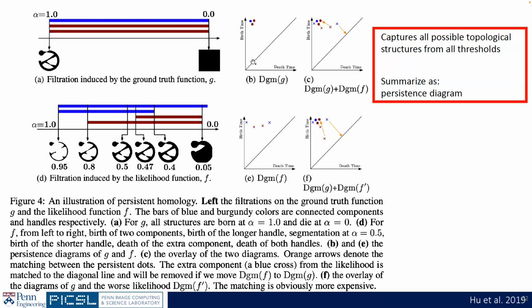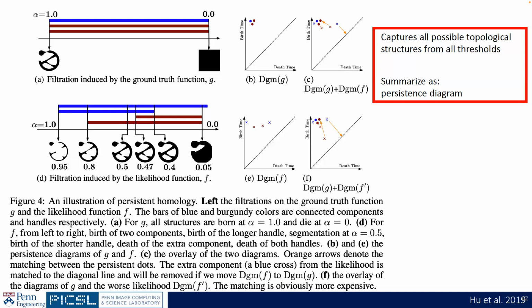So what I want to do is take some kind of loss function between these two graphs. Essentially, I'm keeping track of these connected components, handles and holes via Betti numbers, in a continuous way from alpha 1 to alpha 0 at different thresholds of the probability function, so that I cover the whole range of different possibilities.